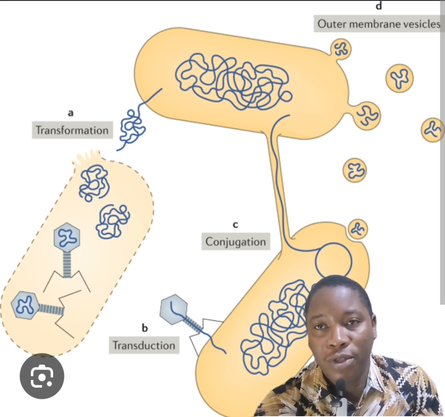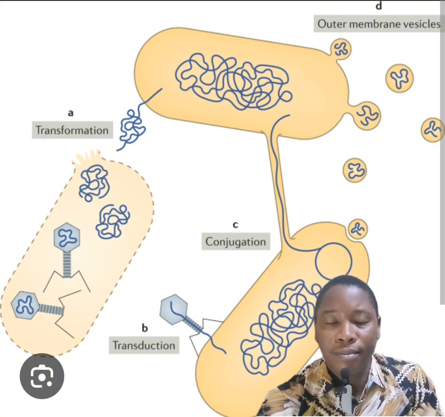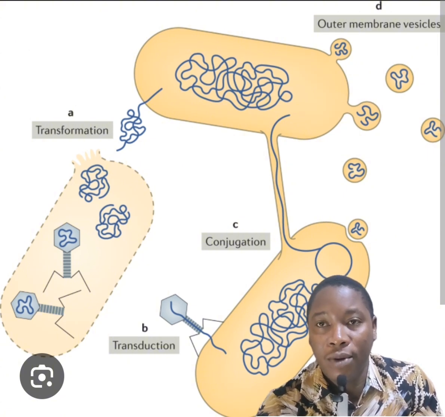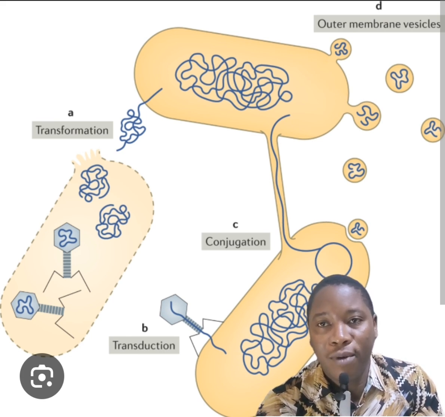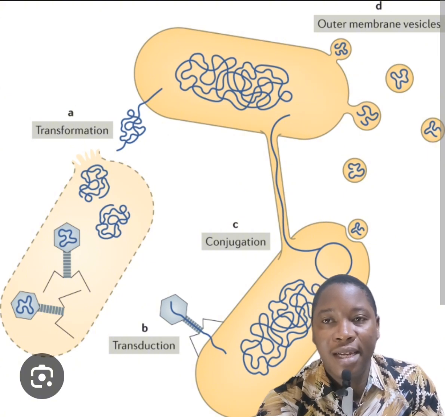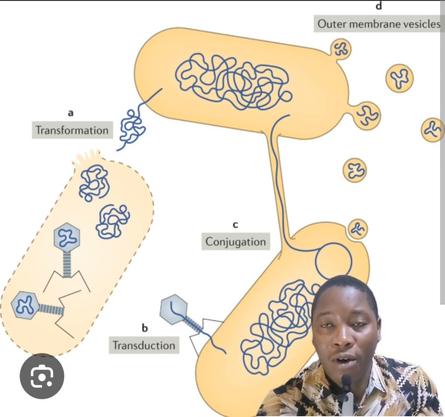When it comes to transformation, it is the transfer of genetic materials from one bacteria to the other. But what happens in DNA transformation is that one of the bacteria is alive while the second one may have died, but its DNA is in the environment. The living bacteria takes up the DNA of the second bacteria, which may be dead.